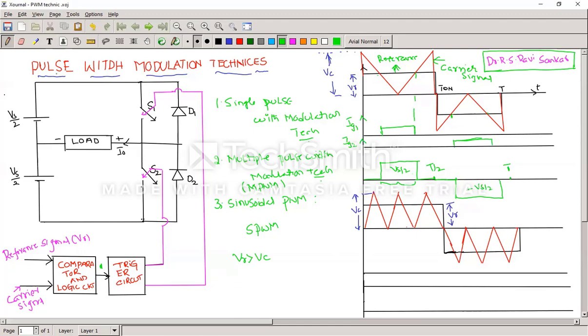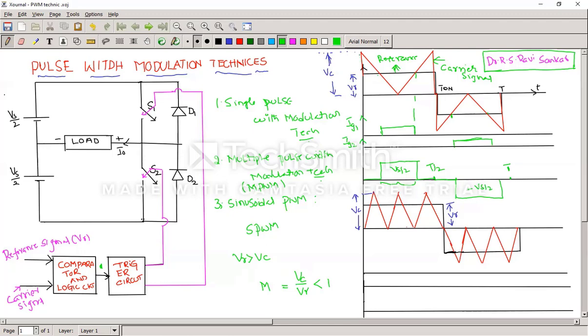It is defined as the ratio between Vc and Vr. We simply call it the modulation index also. The magnitude of Vc is the amplitude of the carrier, this peak, divided by Vr. This is almost always less than 1.